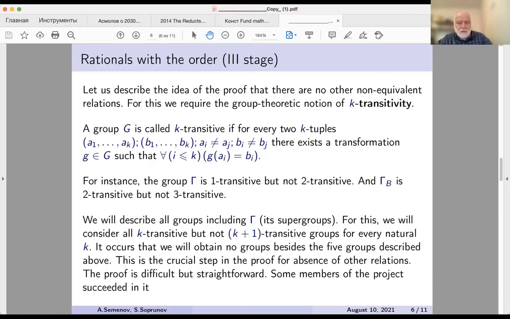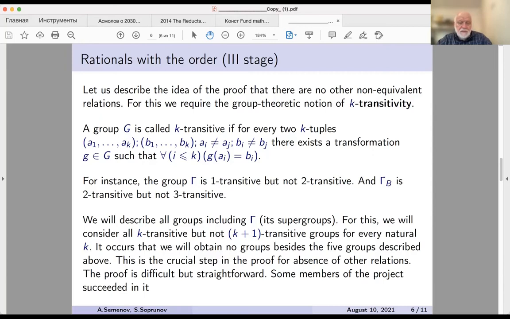So in fact, the process is like you have a transformation group, then you have orbits for some tuples of elements of rational numbers, and then out of these orbits, you construct relations. And the construction is happening just by stages. You construct something for 2-transitive, not 3-transitive, etc.